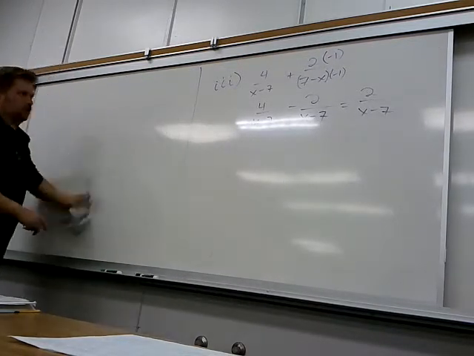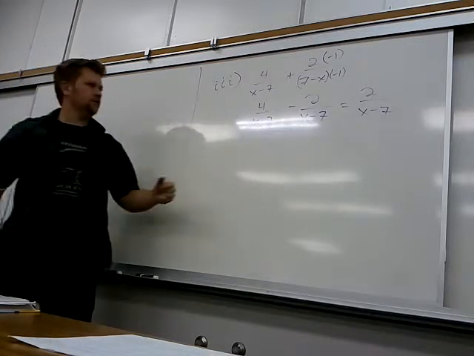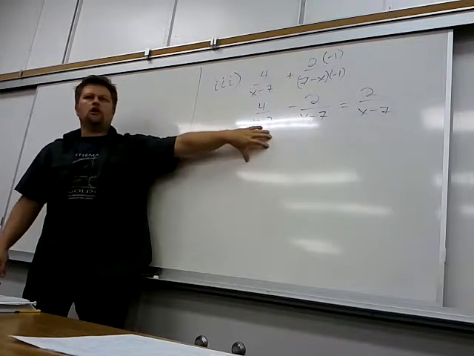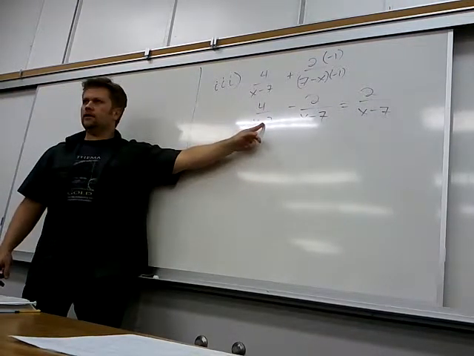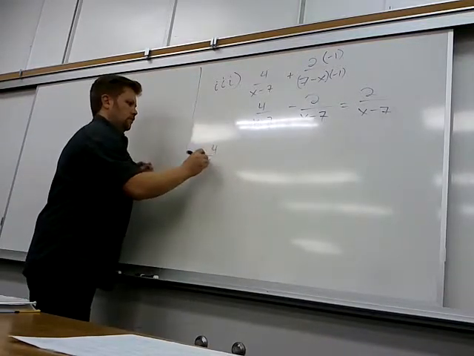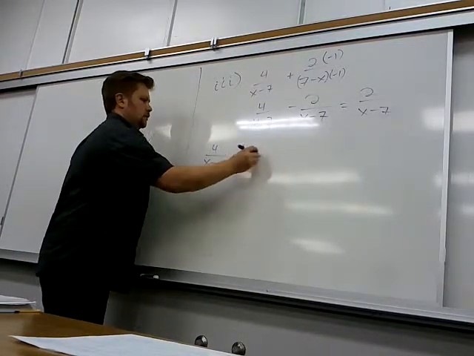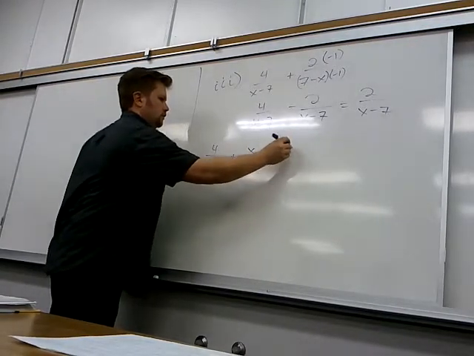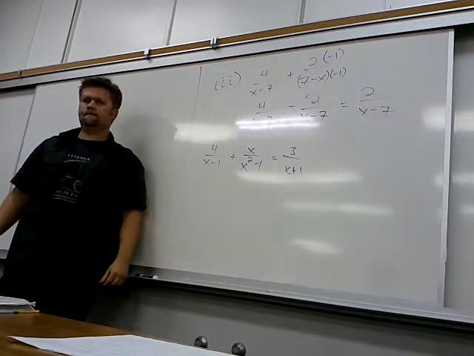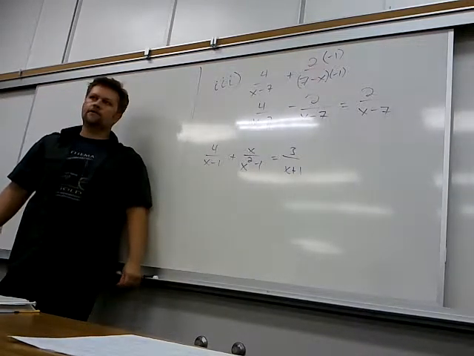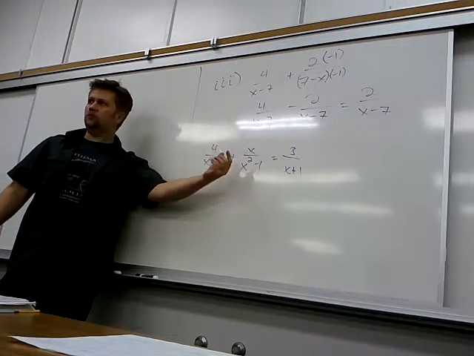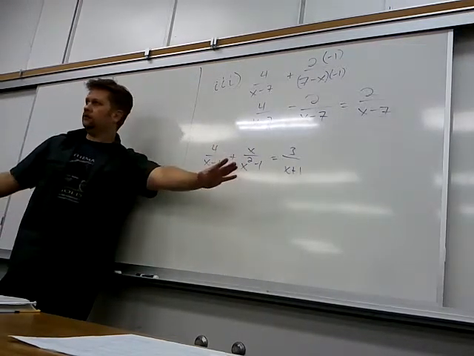Now, I'll tell you a little bit about what's coming for you next semester. If you take 103 or 110 here next semester, you're going to be solving equations that have these things in them. So you'd have an equation like 4 over x minus 1 plus x over x squared minus 1 equals 3 over x plus 1. Stuff like that. If there were numbers on the bottom, do you remember what you could do? Can't you multiply by the LCD?